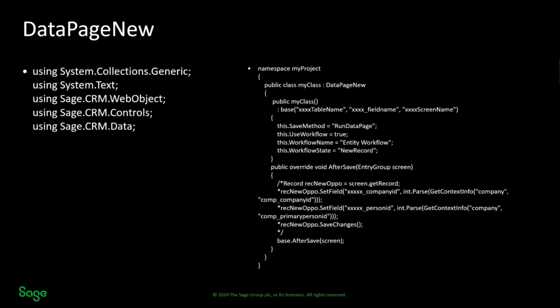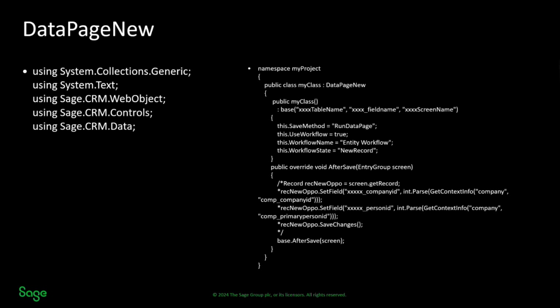But you can also see that we can add in additional behavior that once the record has been created, an additional update can be issued. So notice here that I have got where I'm grabbing hold of the record that's in the current screen. So screen.get record. So I now have that record.